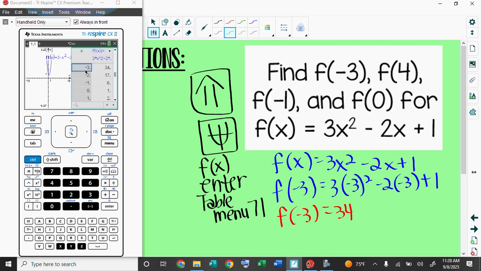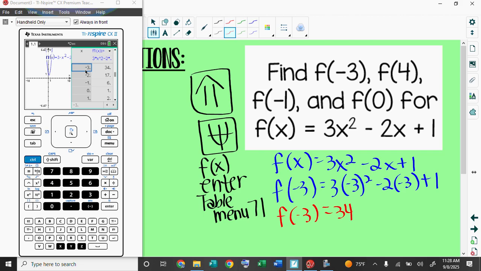If we had multiplied all this out, I would get 34 because -3 squared is 9, 9 times 3 is 27. -2 times -3 is a positive 6, so 27 plus 6 is 33, plus 1 is 34.